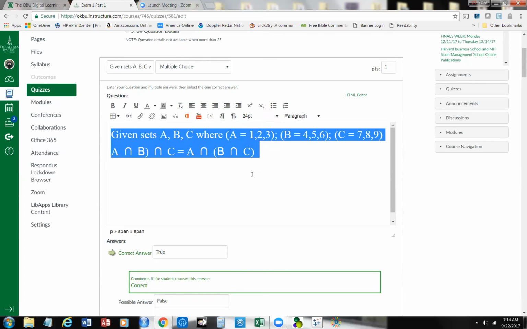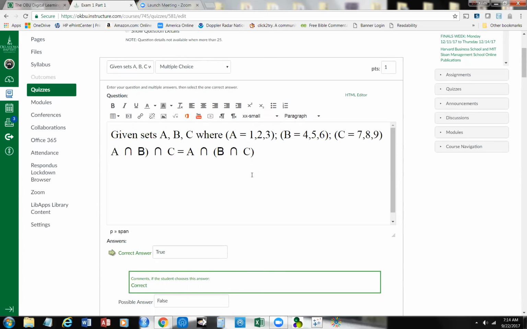I'll put it up to 24 font. Okay, this is given sets A, B, C, where A equals 1, 2, 3, B equals 4 through 6, C equals 7 through 9. And basically what you're looking at here is the intersection of A and B. And that is, what elements do they share that are the same? Okay. And it's a set equivalency problem right here, as you can see.